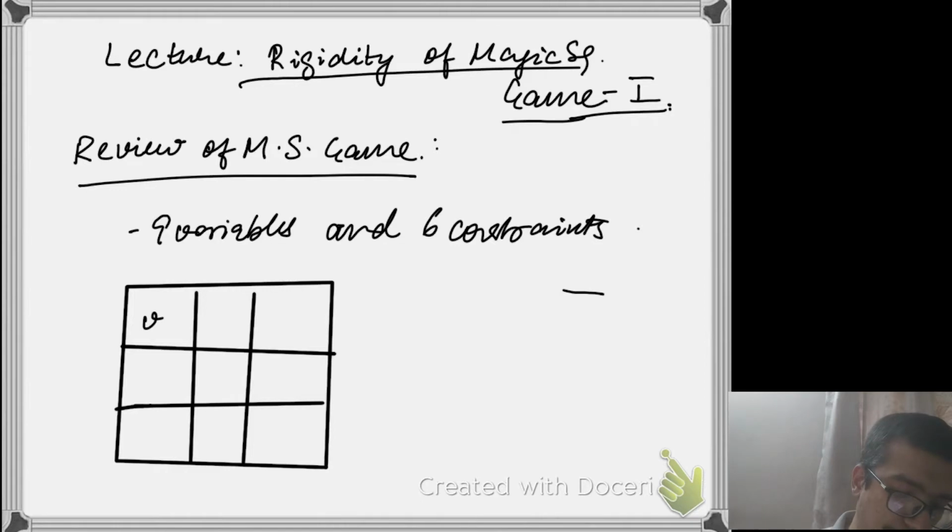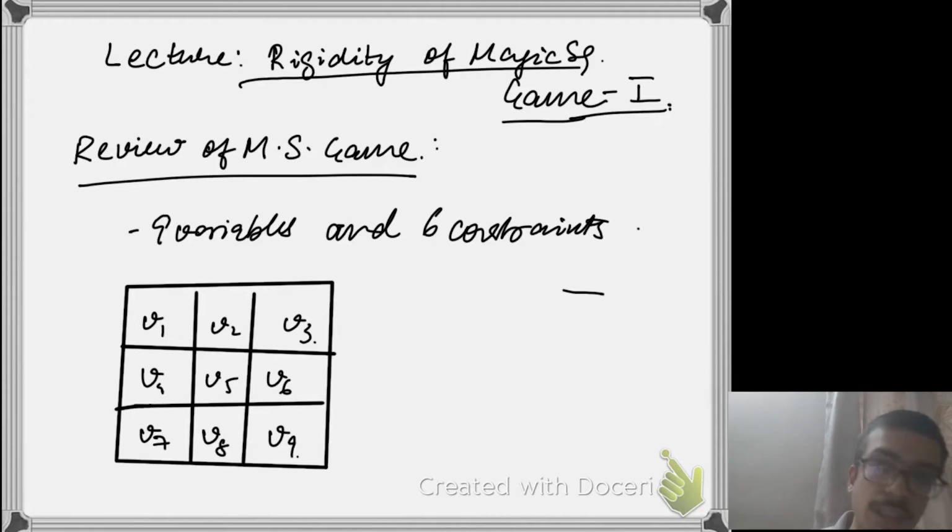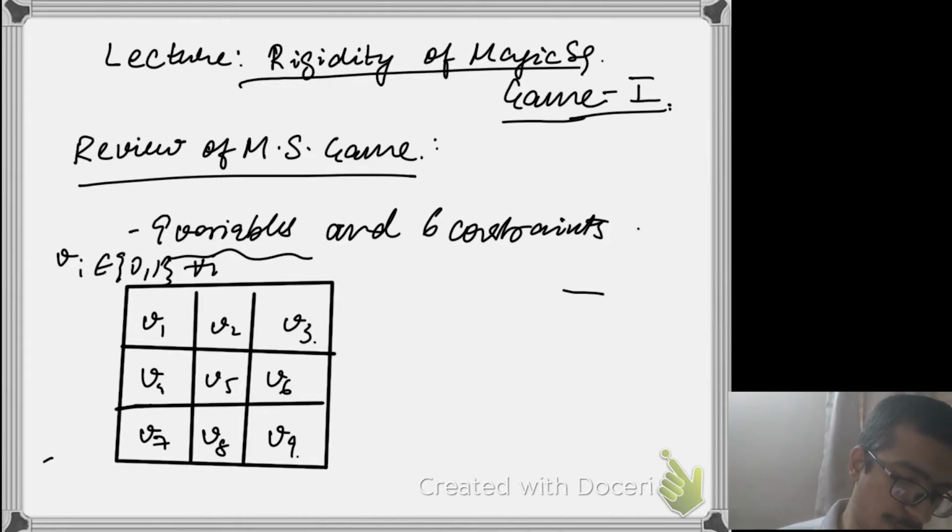So we have these 9 variables: v1, v2, v3, v4, v5, v6, v7, v8, v9, arranged in this 3 cross 3 grid. And what are the constraints? These variables are of course vi in {0, 1} for all i between 1 and 9.